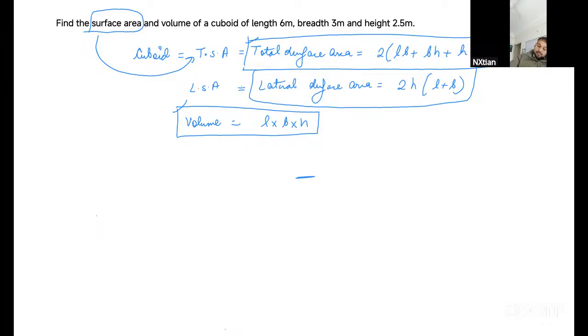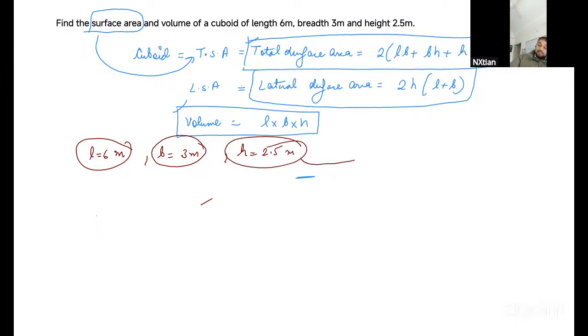It's given that length is equal to 6 meter. Breadth is equal to 3 meter. And height is equal to 2.5 meter. So we have to put the values into this to find the TSA.